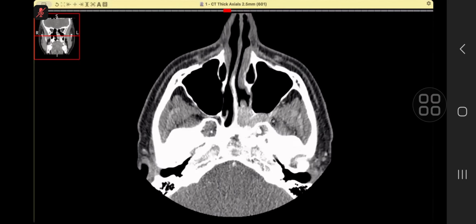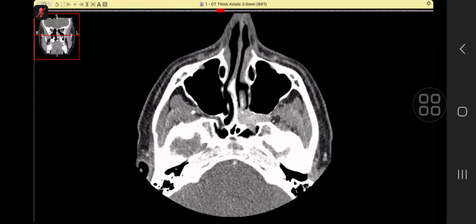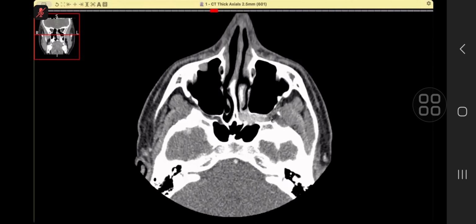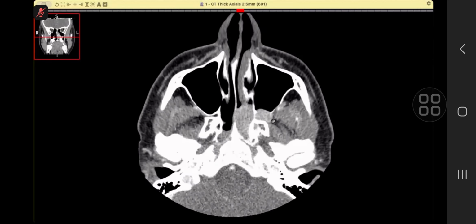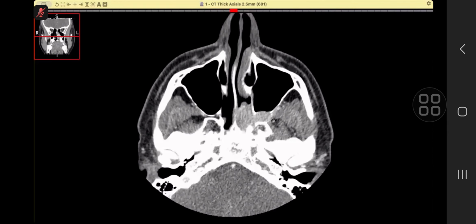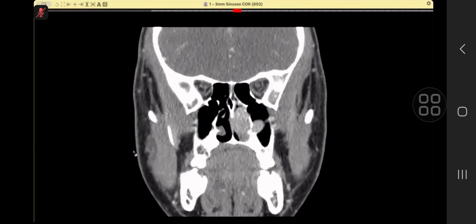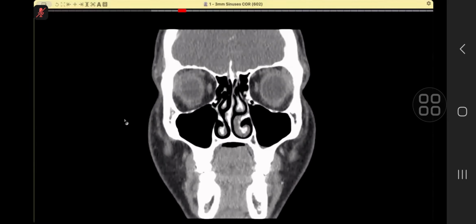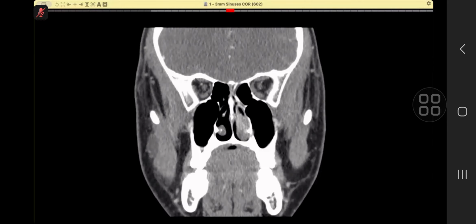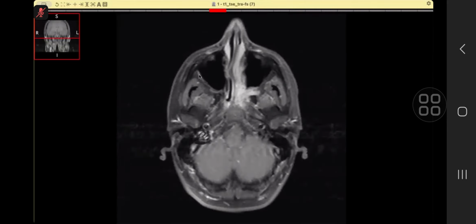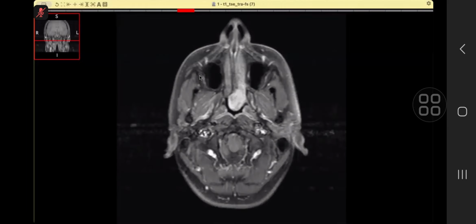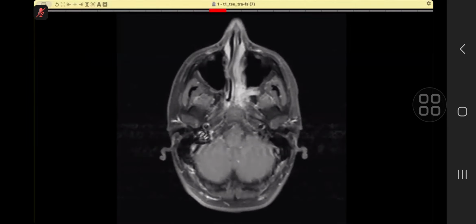And of course, the Vidian canal bit of it will always be better seen on the coronal scan, as I have shown you. So this was classical nasopharyngeal angiofibroma. Okay, last case. Thank you. Last case of the day.